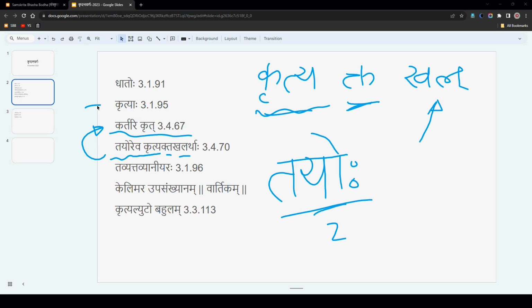If one of those 7 is applied to a dhatu, then it will be applied in the sense of karmani or bhave, depending on the dhatu. If the dhatu is sakarmaka, then it will be karmani prayoga. If the dhatu is akarmaka, then it will be bhave prayoga.